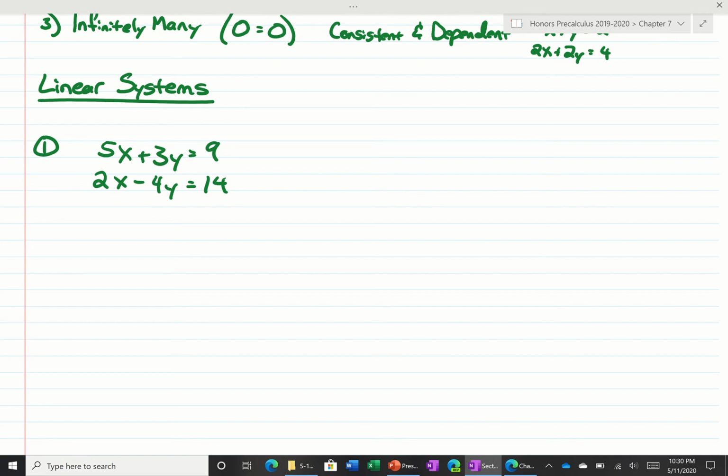You could use substitution if you want, but seeing as it's not that easy to get one single variable by itself, I'm going to use elimination and eliminate the y's. So remember, when we're doing elimination, we always want to get the opposite sign and the same number.